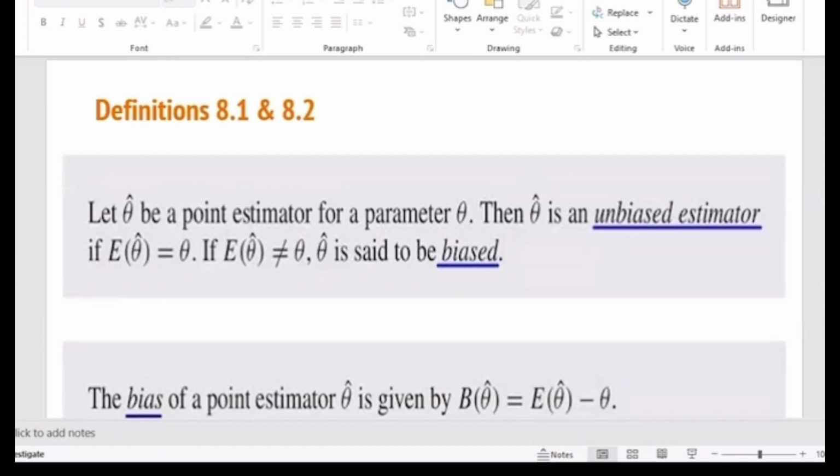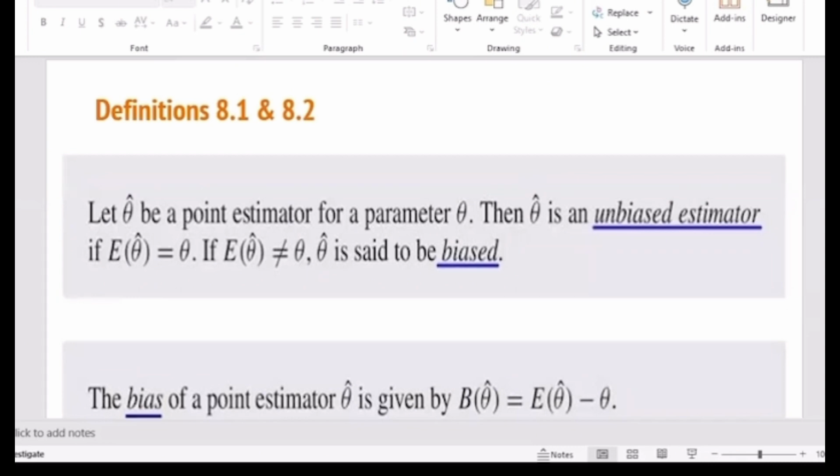Don't forget, theta cap is a random variable, right? The mean of theta cap gives us the true value of the parameter. When that happens, that estimator is unbiased.